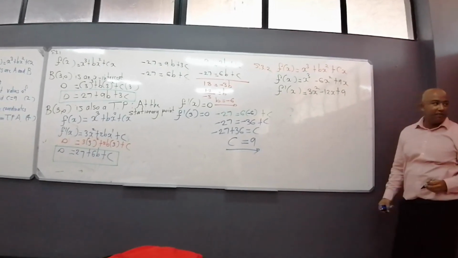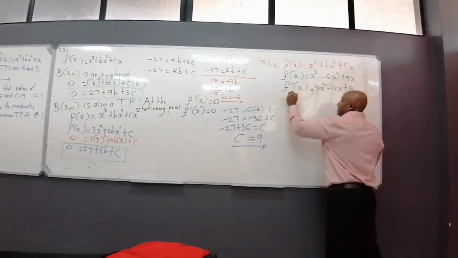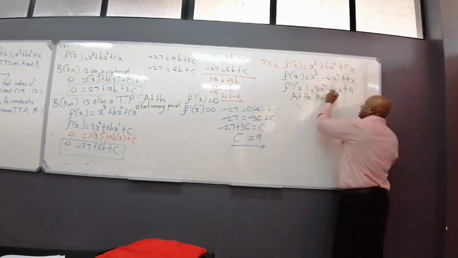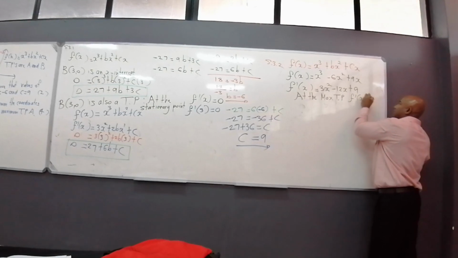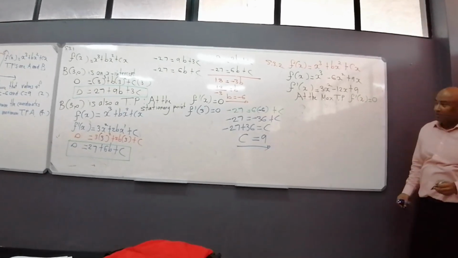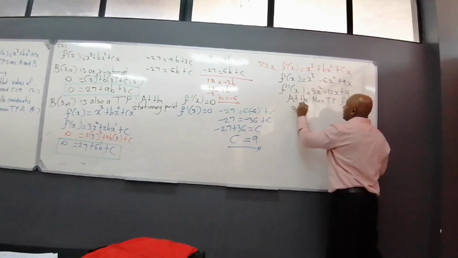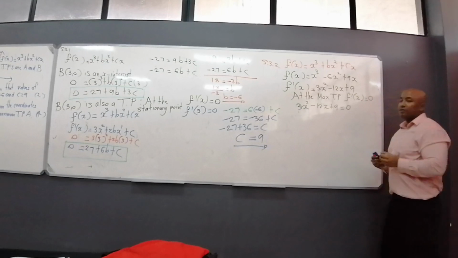You're clear with that now? Alright, so at the maximum turning point, f prime x must equal 0. So you are replacing f prime x with 0. So 3x squared minus 12x plus 9 equals 0.